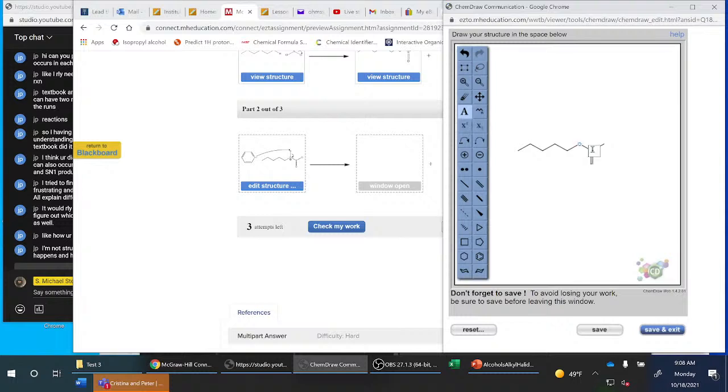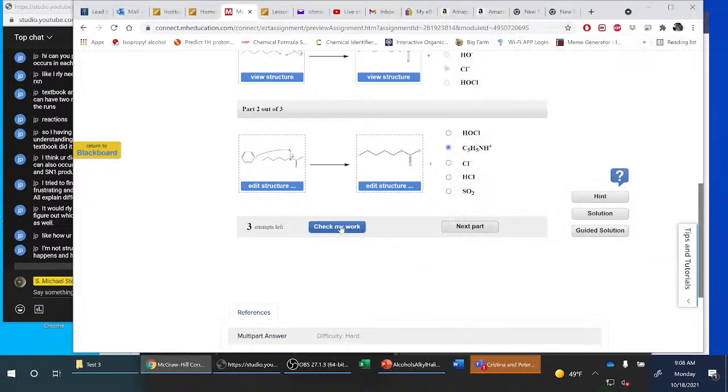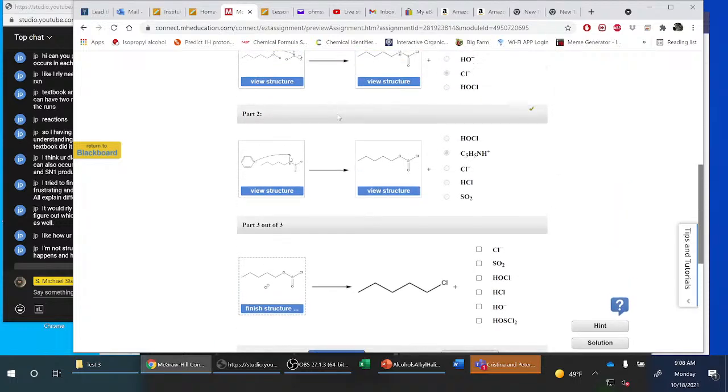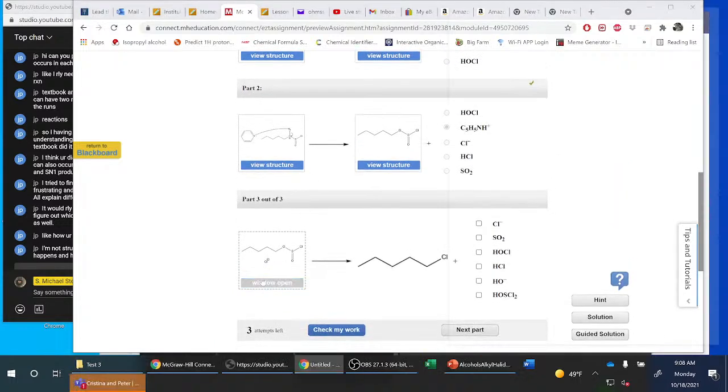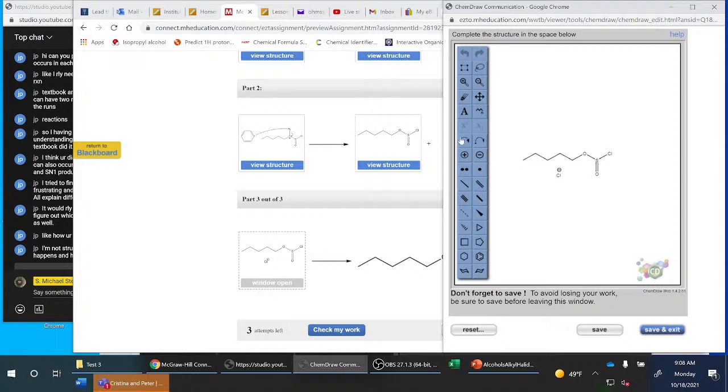But basically, this creates a really stable group that's good for leaving. And then finally, you get the substitution reaction. The chloride here is a small ion and does a really good job of slipping in. It's not basic at all, so it can't do any type of elimination reaction.